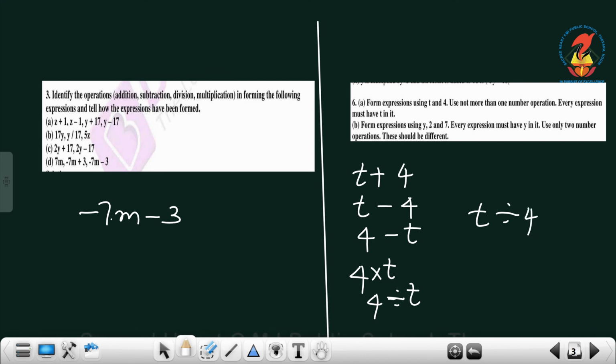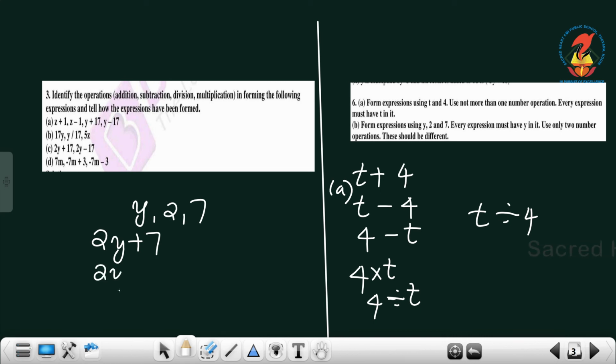This is the first one, A. Second one is, form the expressions using y, 2 and 7. We can write 2y plus 7. Only two operations. 2y minus 7.